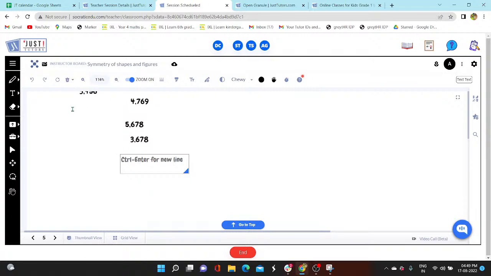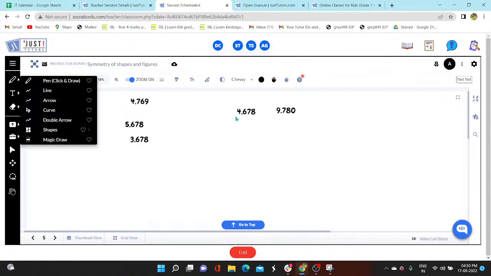Now if we try comparing two numbers, which we would be learning in the next session as well, comparing two numbers up to thousands. Let's say one is 4678 and the other number is 9780. How would we compare these two numbers?